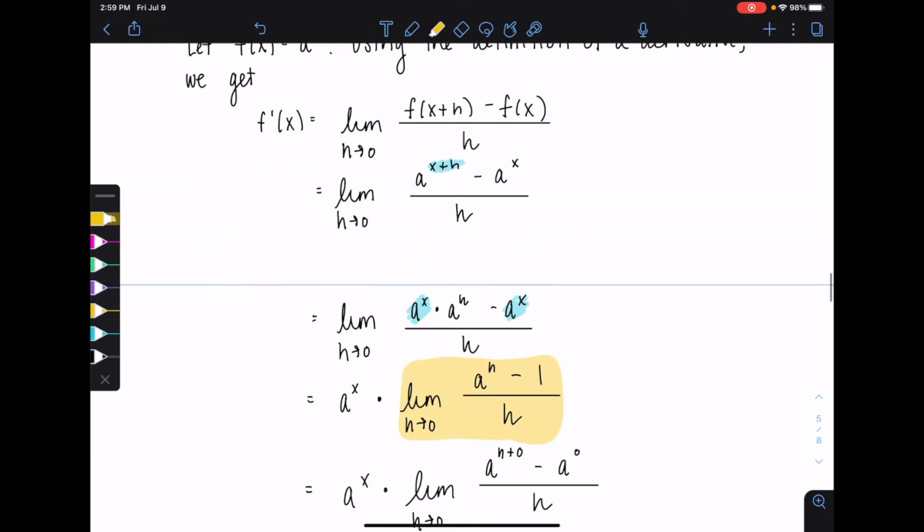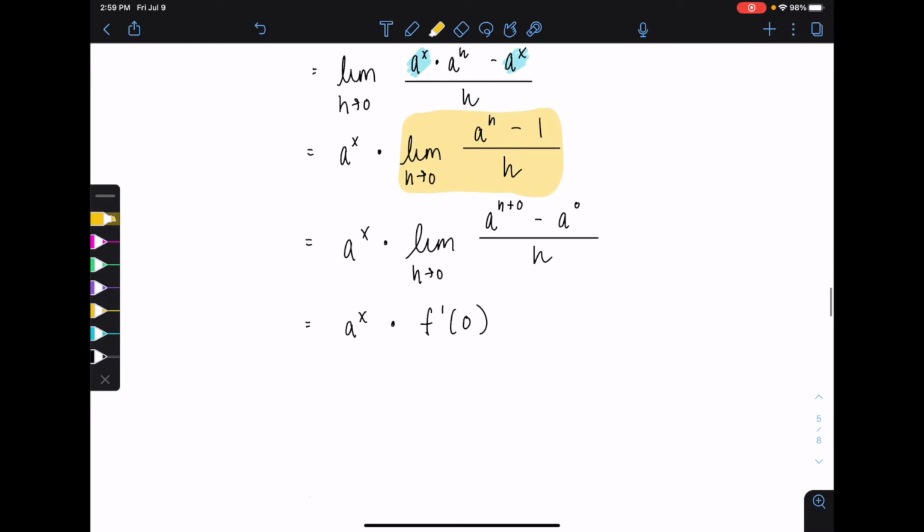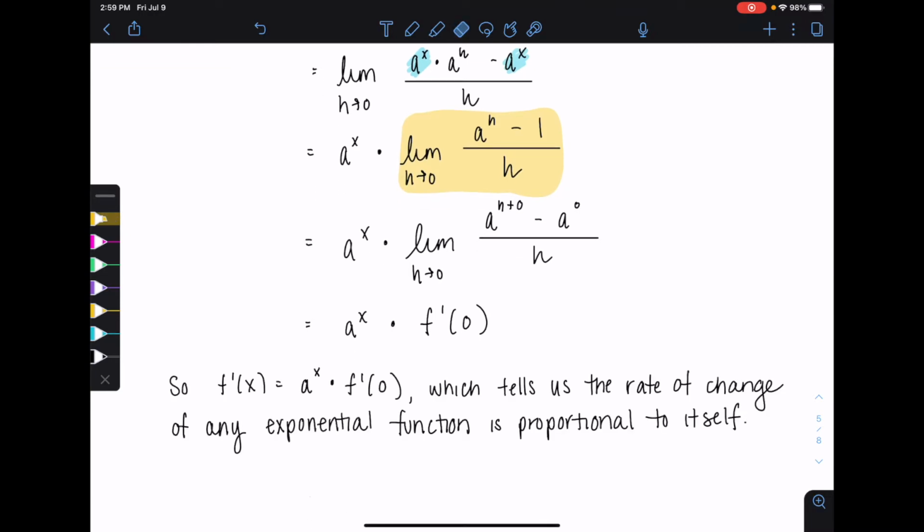So kind of just looking back up here, it's like we've plugged in x is 0. So what this means is f prime of x for the exponential function is really the exponential function times the rate of change at 0. So the rate of change of any exponential function is really just proportional to itself.